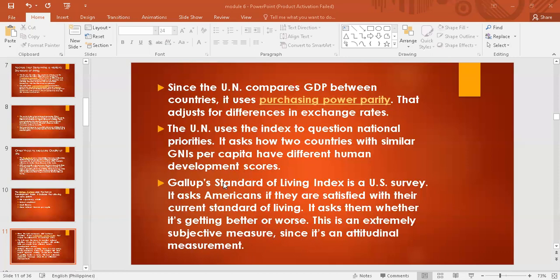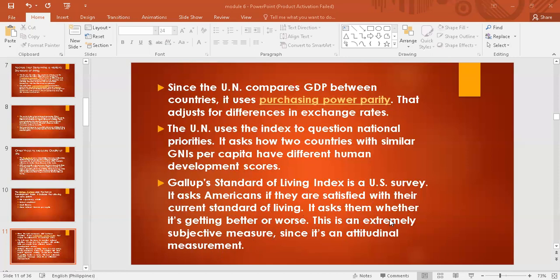So itong Gallup Standard of Living, every now and then nagkakaroon ng survey ang US sa kanilang mga residents whether they are satisfied with the current standard of living. Okay lang naman ito na basihan natin.